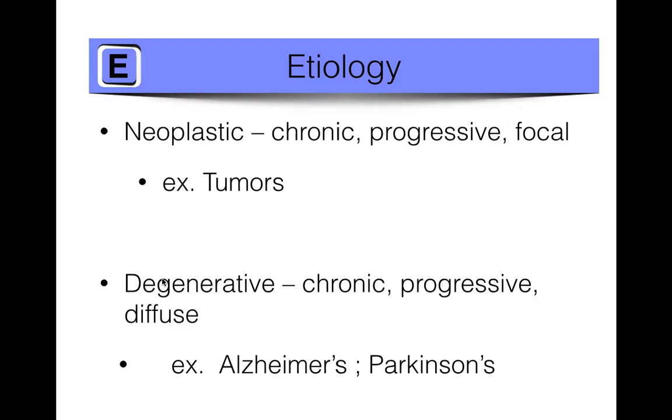Examples of degenerative diseases are Alzheimer's and Parkinson's. They're chronic. It takes years for them to develop. The symptoms become worse with time, so they are said to be progressive. And they affect not just a particular area, but a wide area that is poorly defined, so they are said to be diffuse.